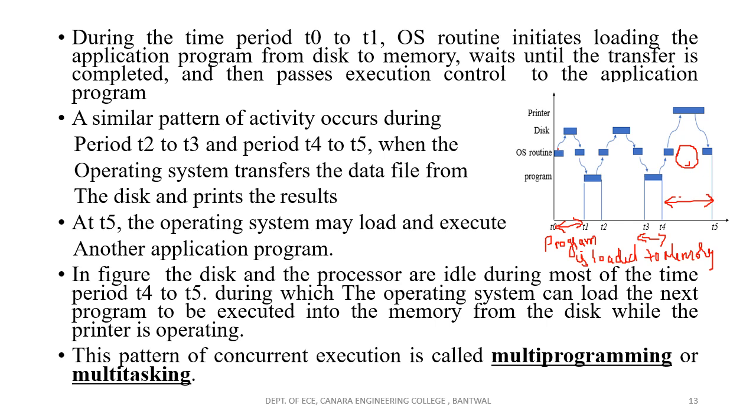In such cases, the OS can be allocated to perform some other task, so that multiple tasks can be handled at a time, thus increasing the efficiency. This type of concurrent execution is called multiprogramming or multitasking.